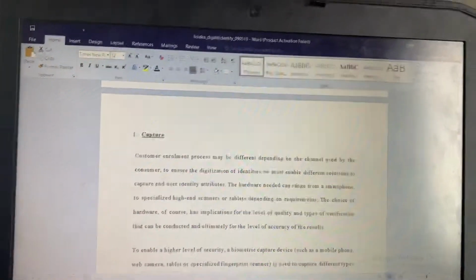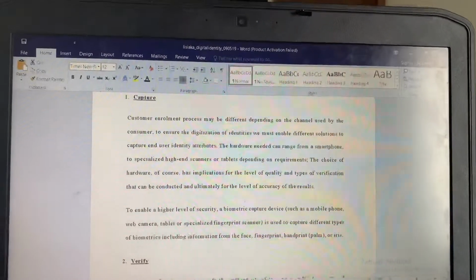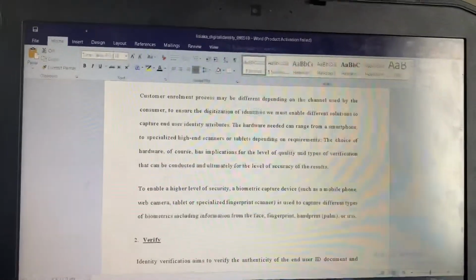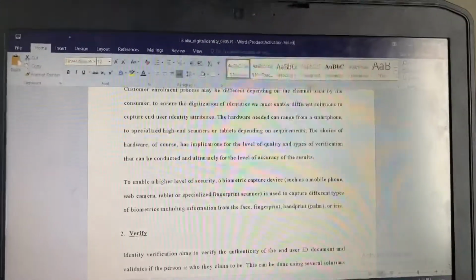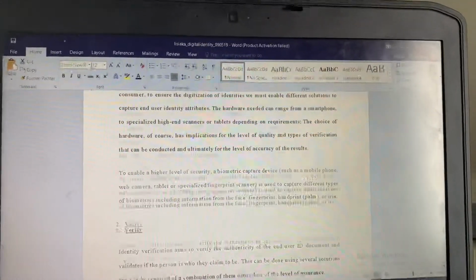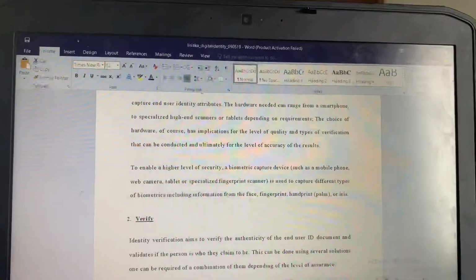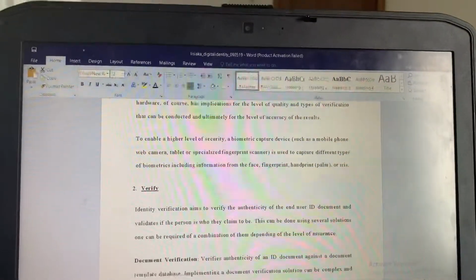We've talked about the capturing, which usually entails using specialized scanners or smartphones, so the accuracy of the results can be verified.